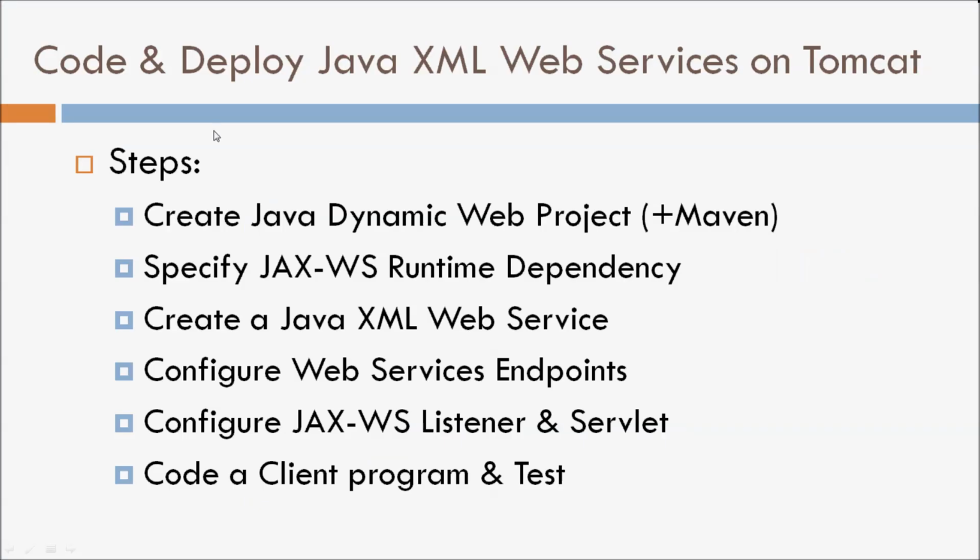So now you have learned how to code and deploy Java XML Web Services on Apache Tomcat server. To host Java XML Web Services on Tomcat, the key points are to specify the Java XML Web Service runtime dependency, configure web services endpoints, and configure listener and servlet for Java XML Web Services.